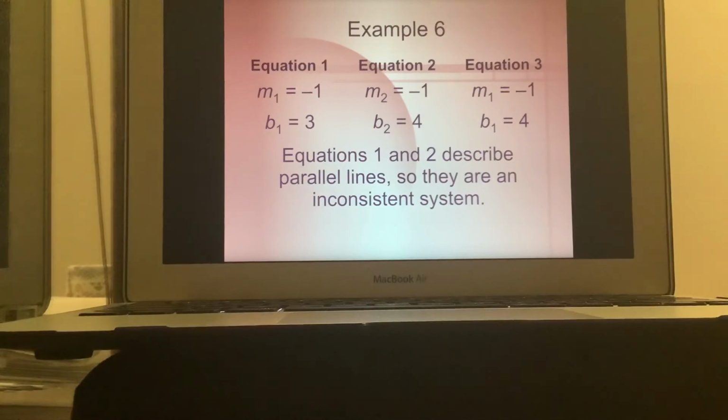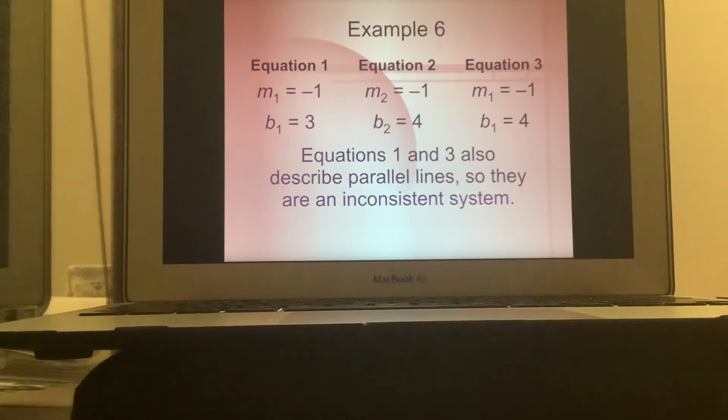Now, equations 1 and 2: I've got the same slope again, negative 1 and negative 1. Therefore 1 and 2 are considered parallel lines. They are also an inconsistent system.